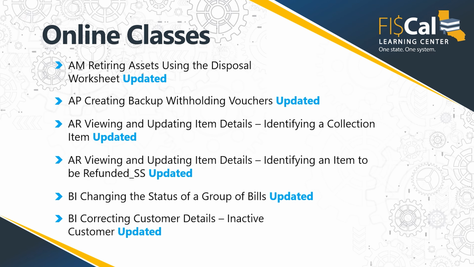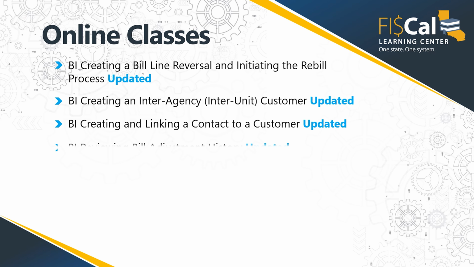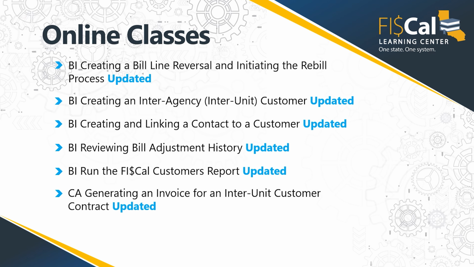Correcting customer details in active customer, creating a bill line reversal and initiating the rebill process, creating an interagency inter-unit customer, creating and linking a contract to a customer, reviewing bill adjustment history, and run the Fiscal Customers Report.